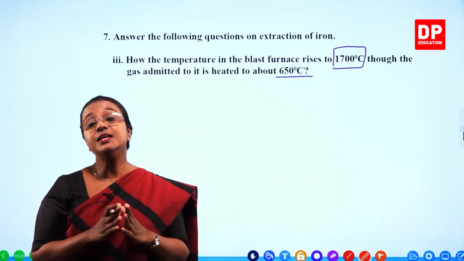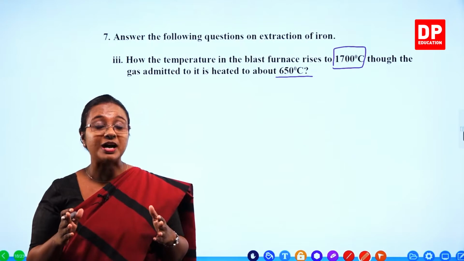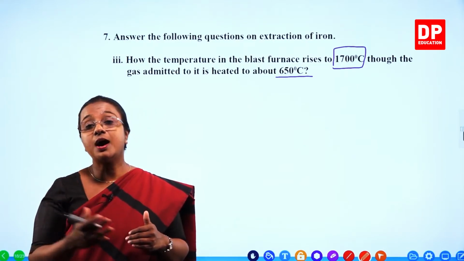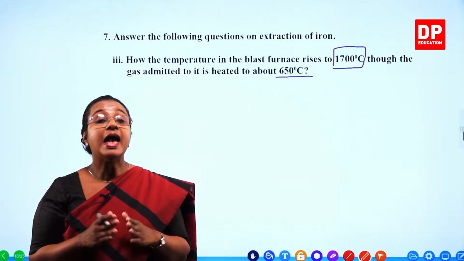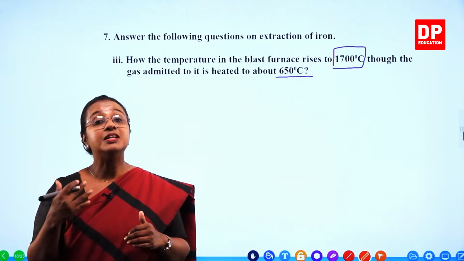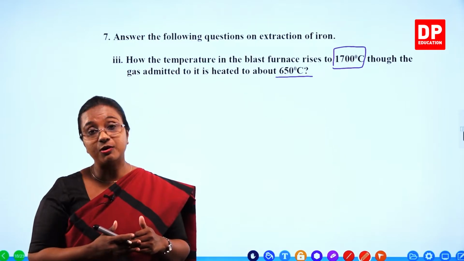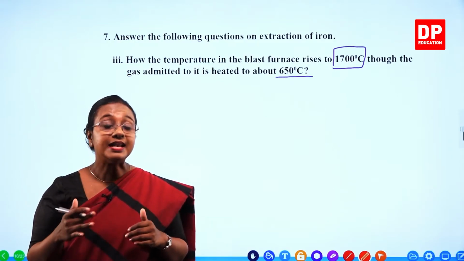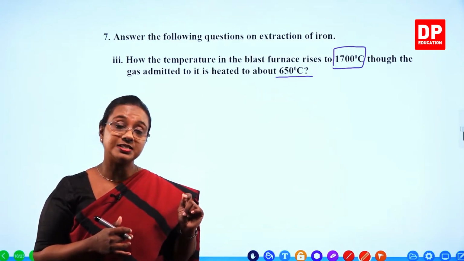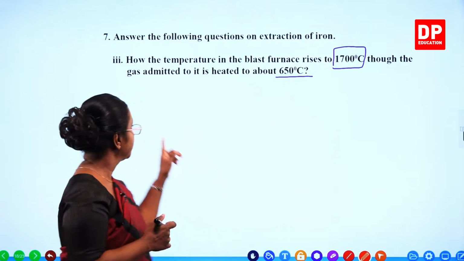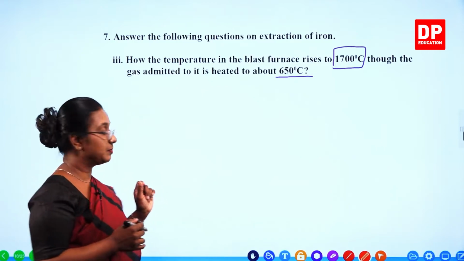Now, this increase in temperature is caused by the combustion of carbon, coke. Coke is a type of carbon, and when that burns, it releases a high amount of heat energy. That is why the temperature rises up to about 1700 degrees Celsius. So, that is what we need to explain here.